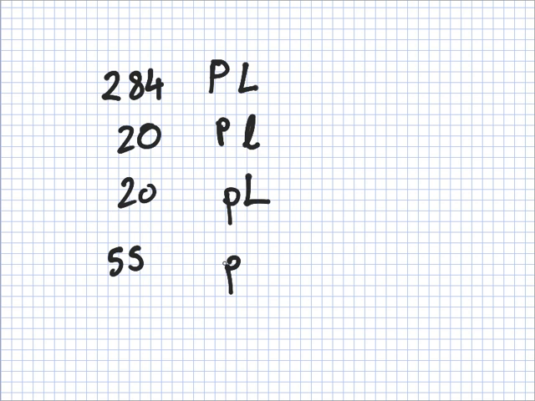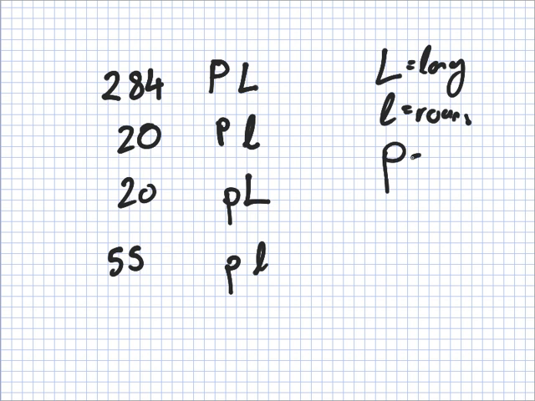It doesn't matter, because once I have some numbers, that's all I care about. And the last one is purple round. So big L is long. Small l, I think, is round. Big P is purple. And small p is red, or something like that, isn't it?